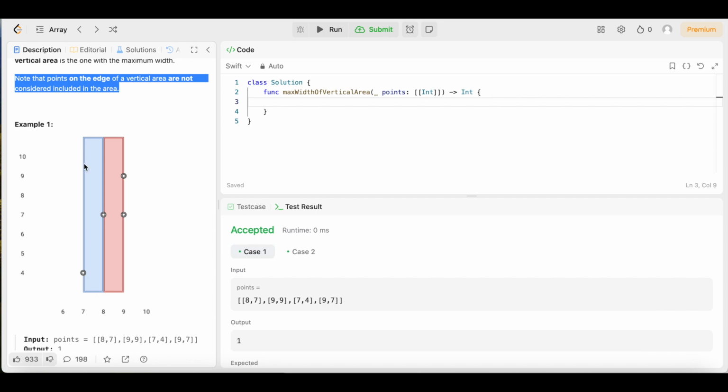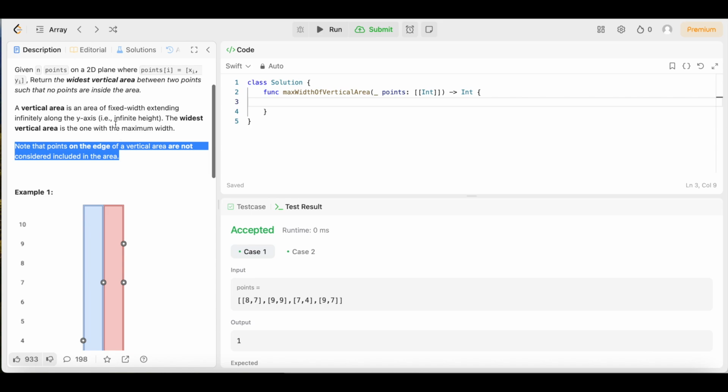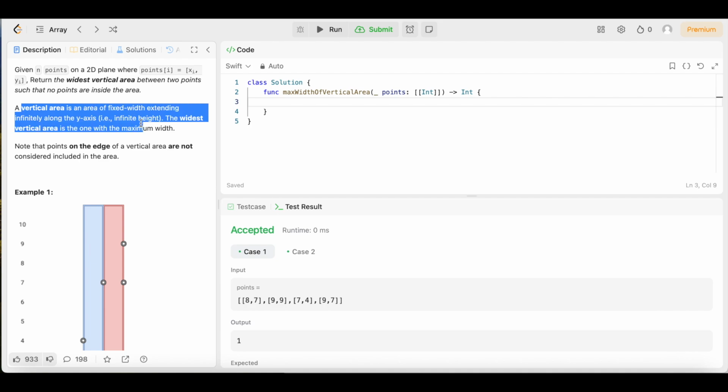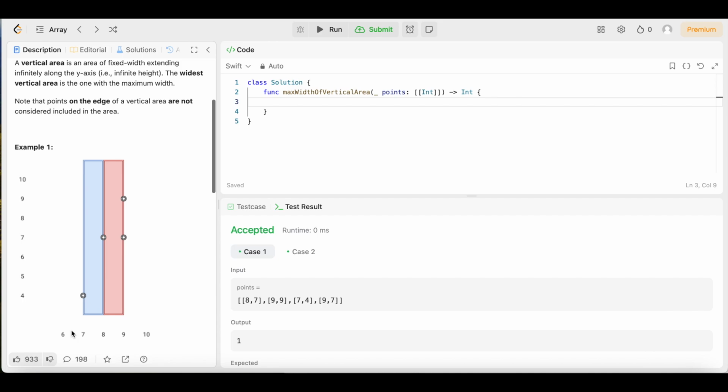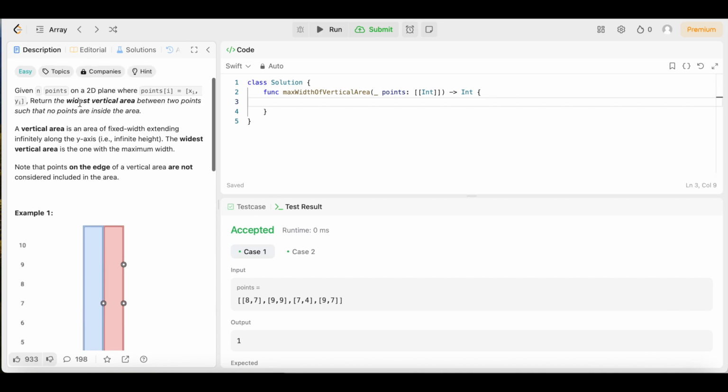We're not even worried about the y-axis because, like it said, the vertical area extends infinitely, so that's the infinite height. We're looking at the x-axis and we're trying to find the widest vertical area between 2 points such that no points are inside of the area.